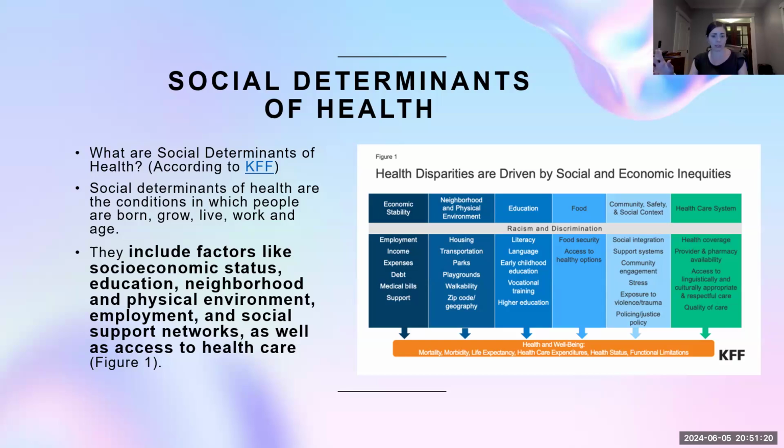And so this is a really interesting graphic, but it shows that all of these are social determinants of our health. So they're all flowing to health and well-being, our mortality, when we live and when we die, our morbidity, right? How well we are during that time frame, life expectancy, how much money we're spending on healthcare, health status, and our ability to function. So really interesting graphic here.